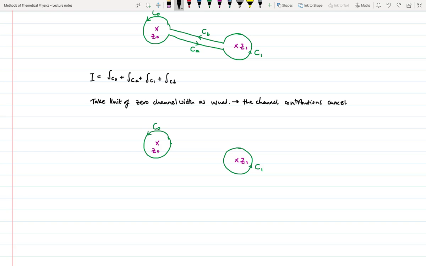I'll write below. These are now just two independent cases of valid residues, as before.